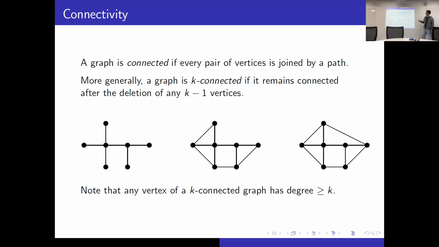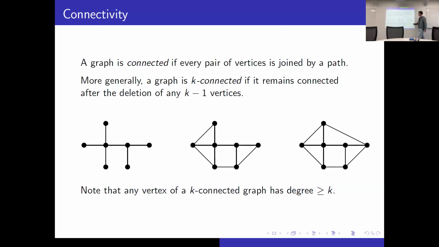Another fundamental notion is connectivity. A graph is connected if every pair of vertices can be joined by some path. So this graph is connected because you can pick any 2 vertices and find a path which connects them.